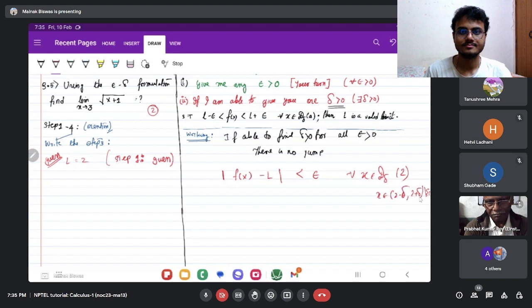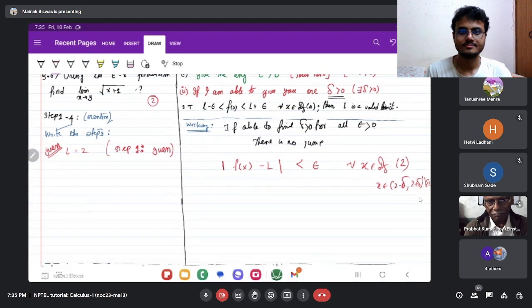So let's just put the values, just the definition. So it's L minus epsilon less than root of x plus 1 less than L plus epsilon. L we have chosen to be 2.